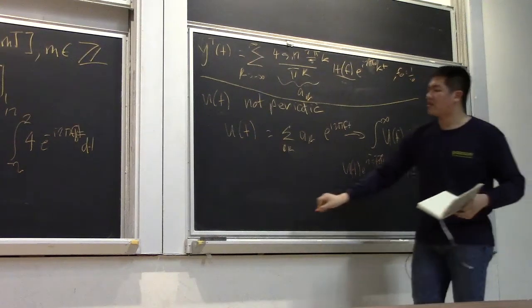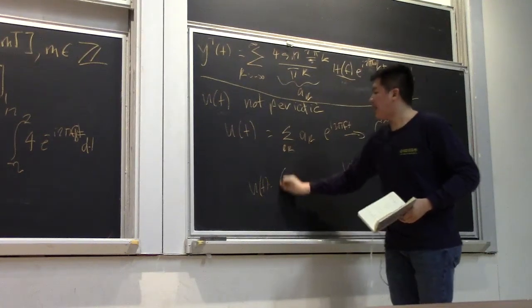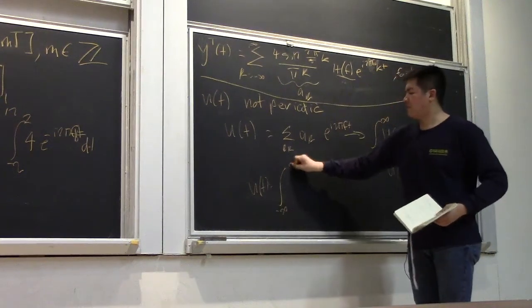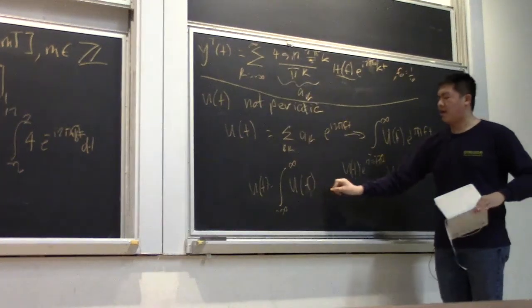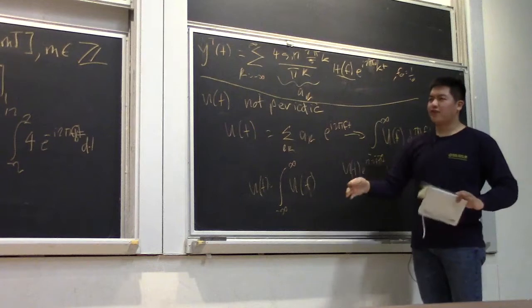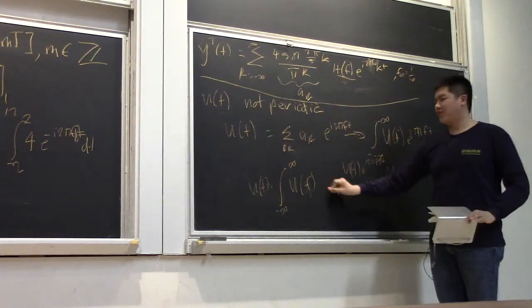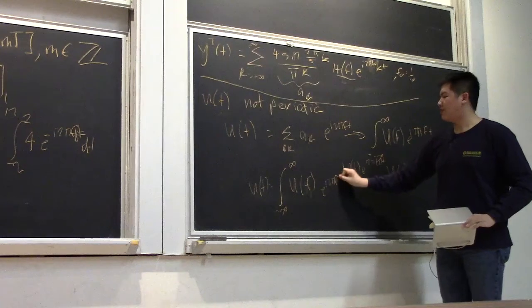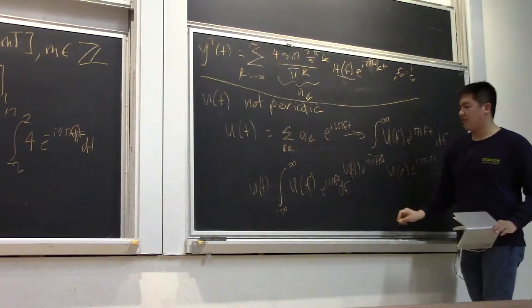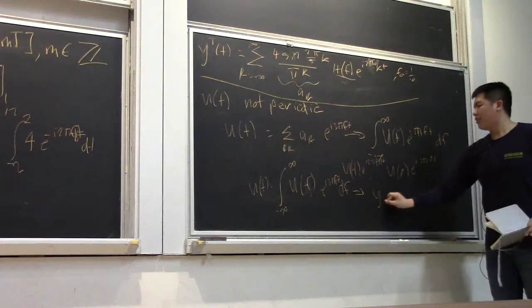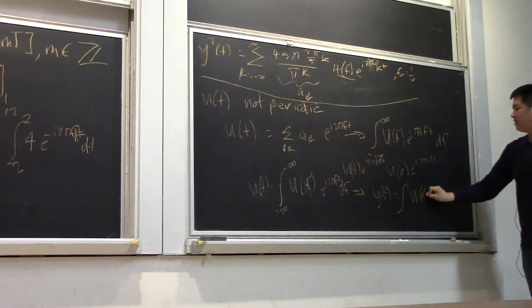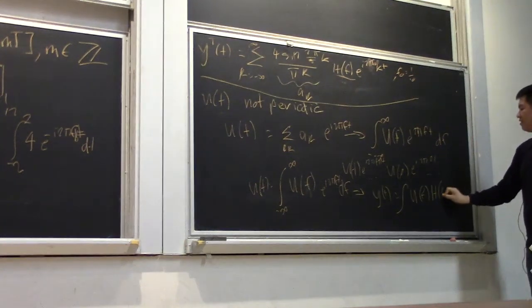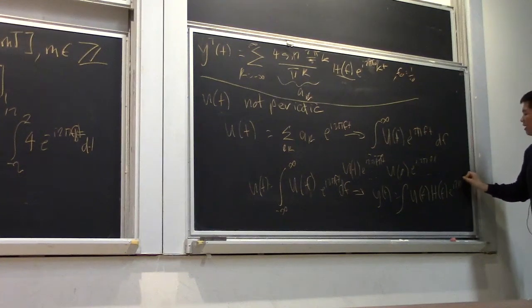So if you have some kind of u, and you write that as the inverse Fourier transform of the Fourier transform times e to the I 2 pi ft over all the values of f, the output y of t therefore has to be U of f times H of f e to the I 2 pi ft df.